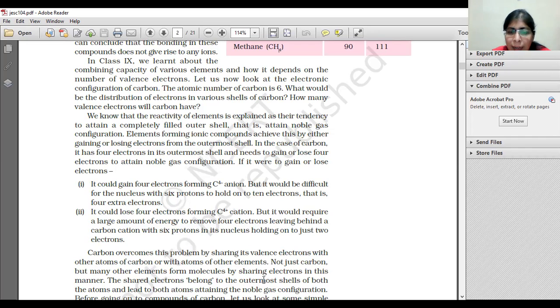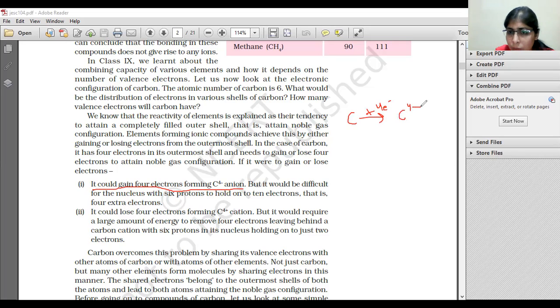Then why does carbon only do covalent bonding? Why not ionic bonding? If carbon transfers 4 electrons to the other element, or if carbon takes 4 electrons from the other element, then what happens? If carbon gains 4 electrons from the other atom, it becomes C4 minus.